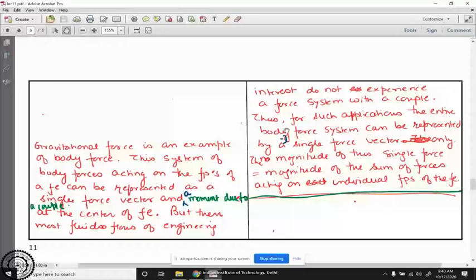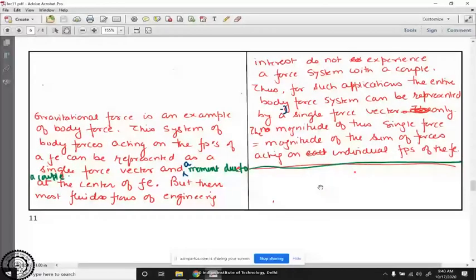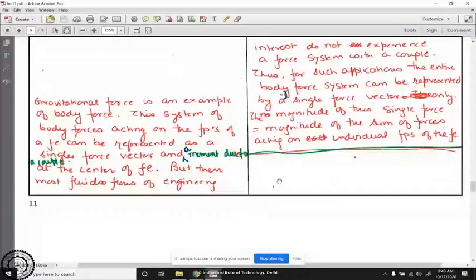Okay, so what I'm saying is, in fluid mechanics, most of the time we deal with body force systems which are like this. And thus, for such applications, the entire body force system can be represented by a single force vector only, and the magnitude of this single force is the magnitude of the sum of forces acting on individual FPs of the FE. Okay, so gravitational force I will replace as one single force acting at the center of FE with magnitude mg, where m will be the total mass of the fluid element.